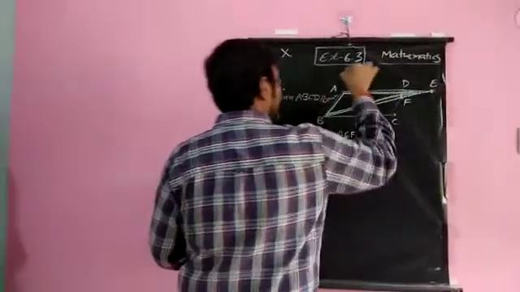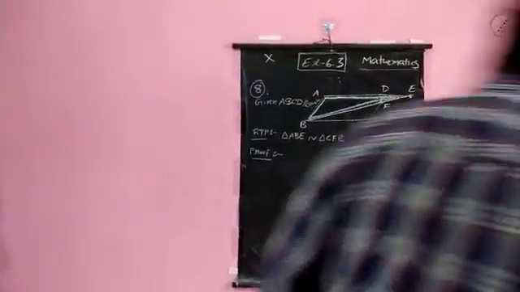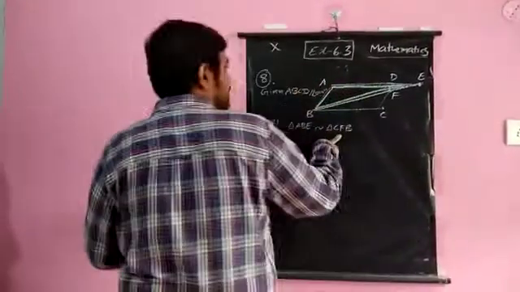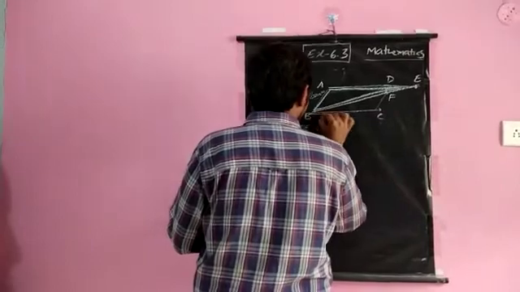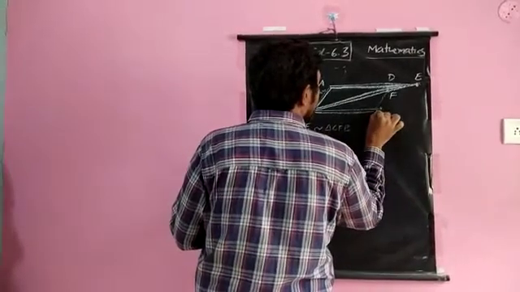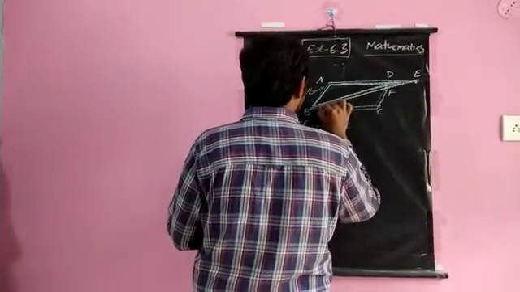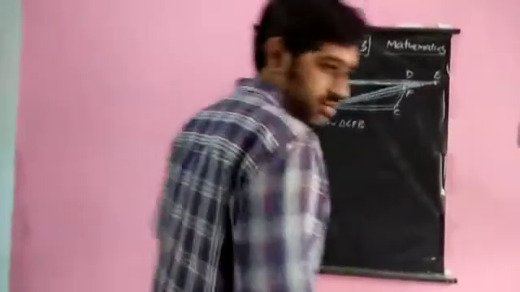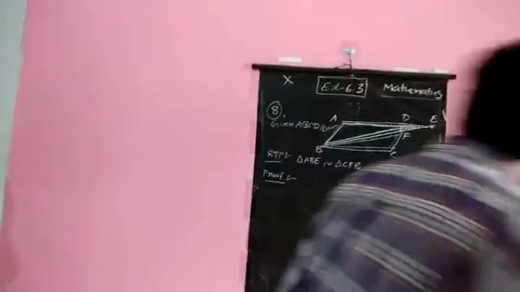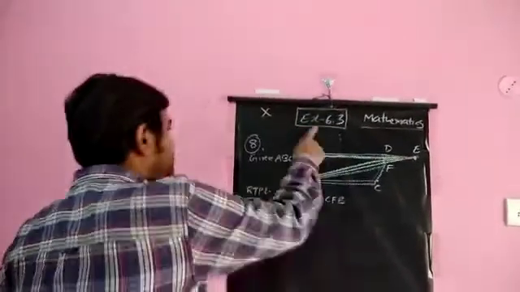This is the triangle ABE, A, B, E, which I need here. The other triangle is CFB, that means this triangle. One is in blue, that is the CFB triangle. The other one is the ABE triangle.